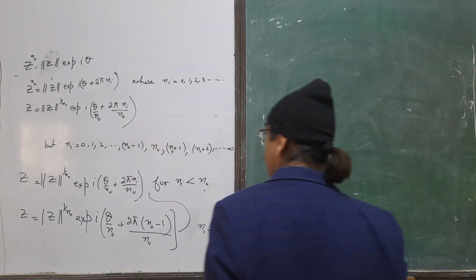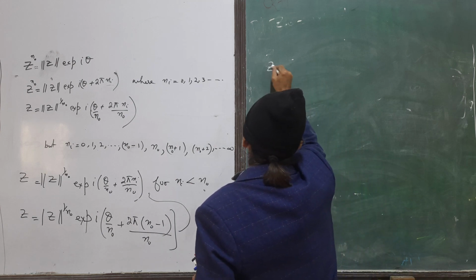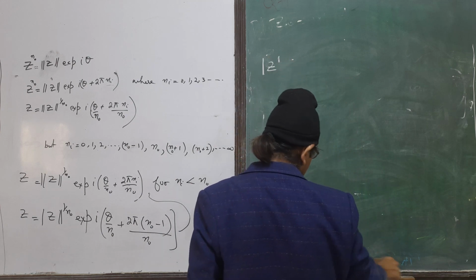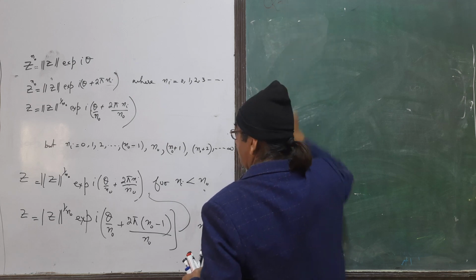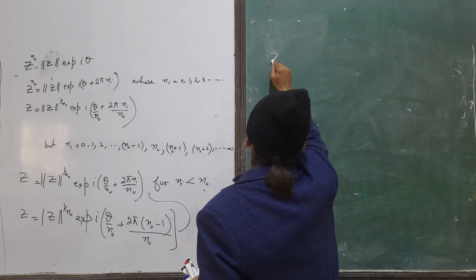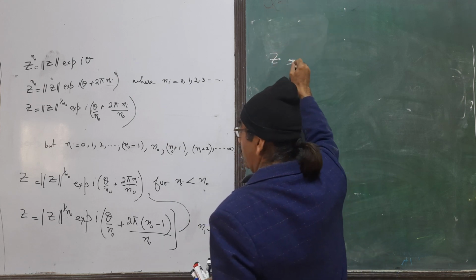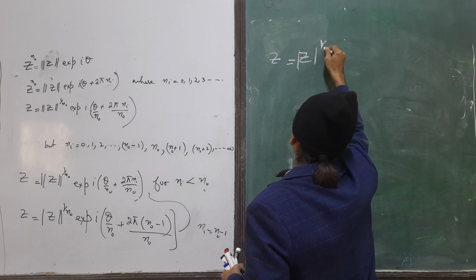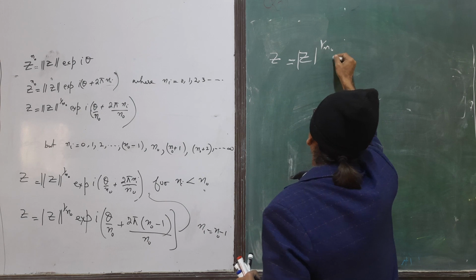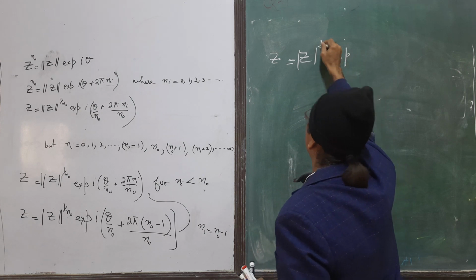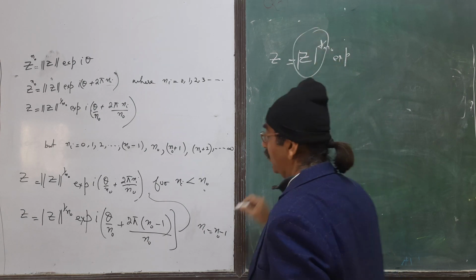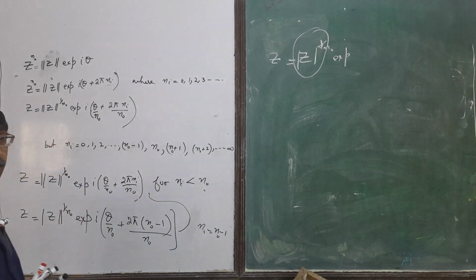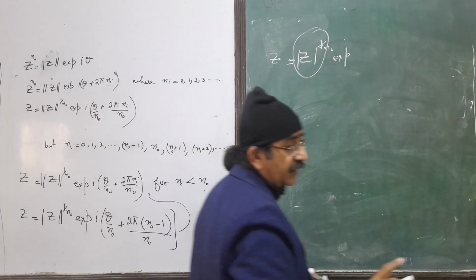But this set will be Z 1 by N naught exponential. This is constant. This will always be constant. Okay, this value is fixed.